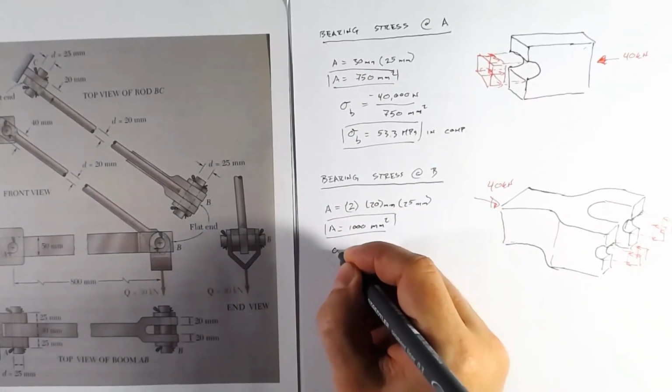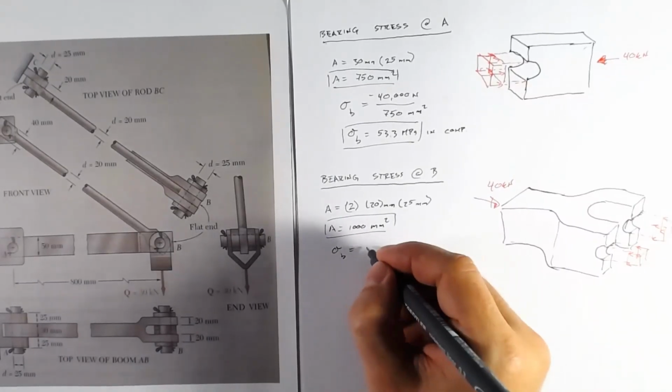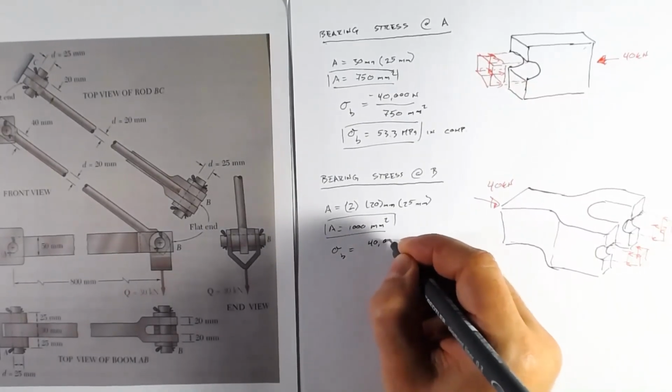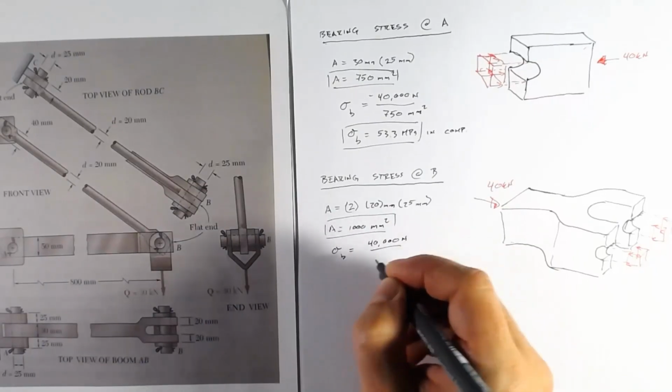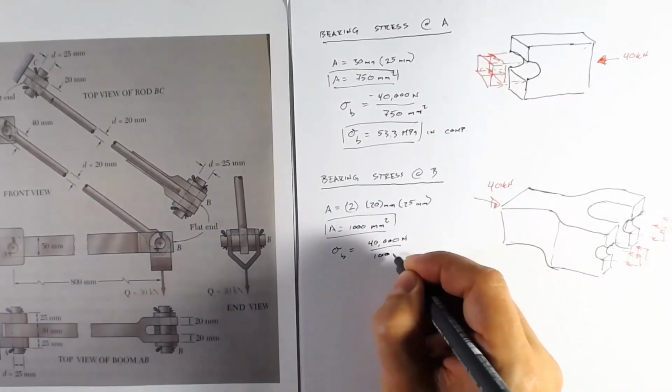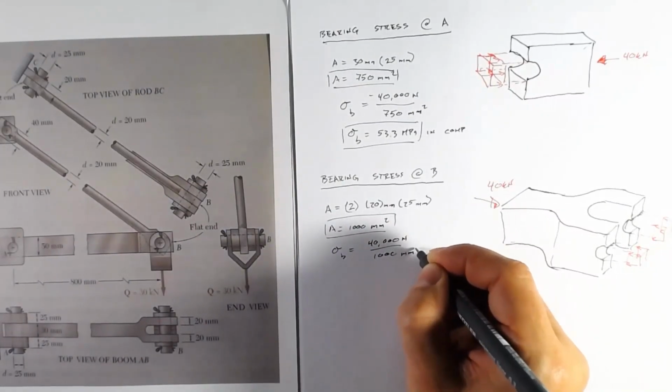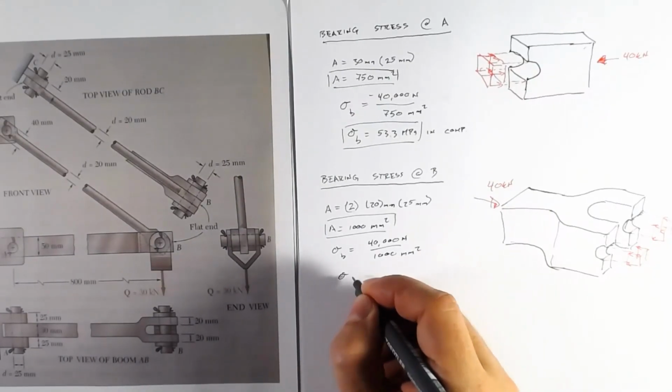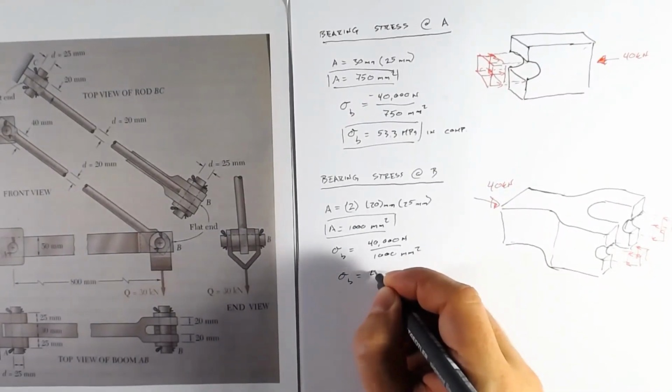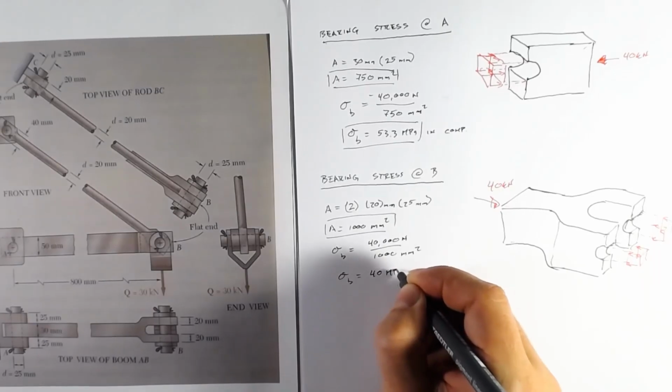And so our bearing stress equals 40,000 newtons over 1,000 millimeters squared. Our bearing stress equals 40 MPa.